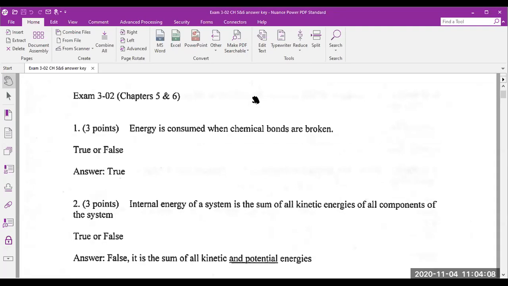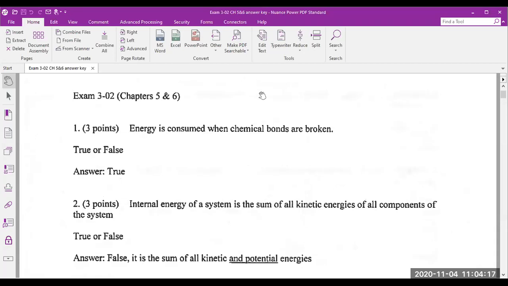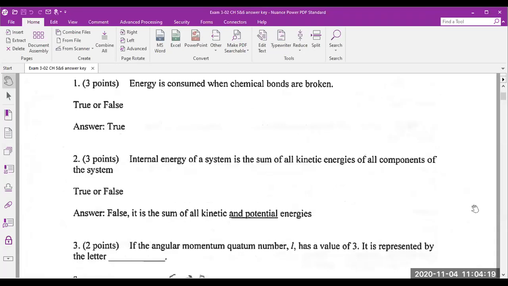So the first question, energy is consumed when chemical bonds are broken. That's true. Question 2, internal energy of a system is the sum of all kinetic energies of all components of the system. That one was false. It's the sum of the kinetic and the potential energies.